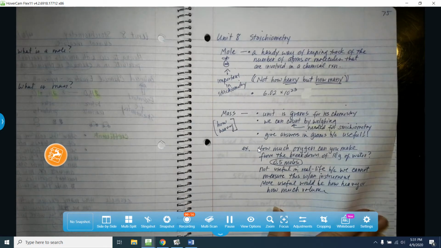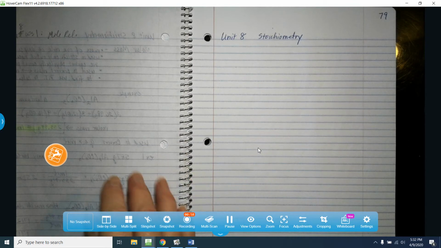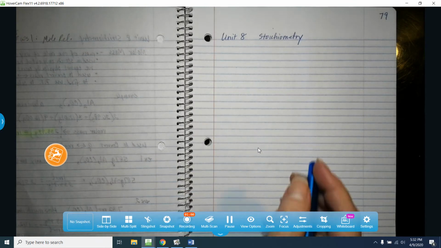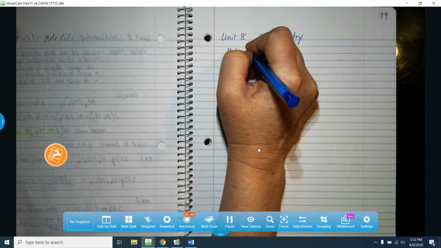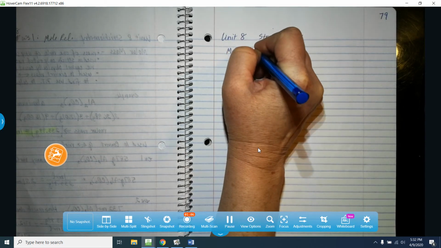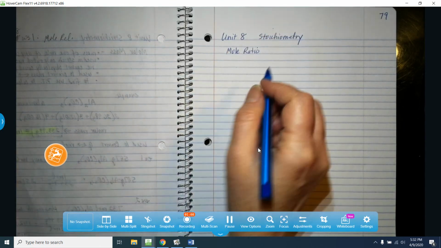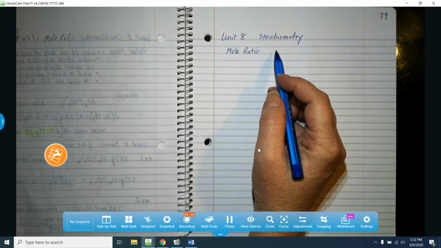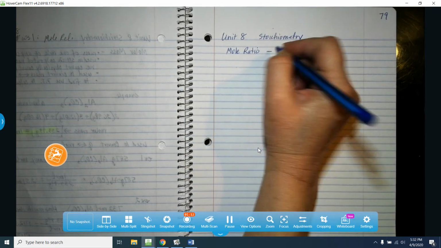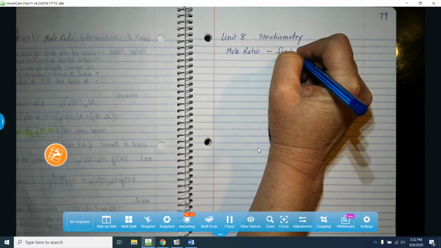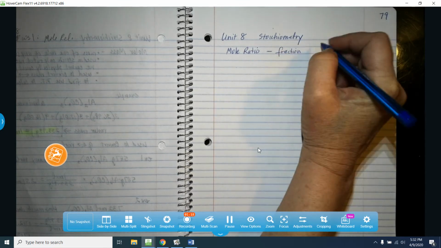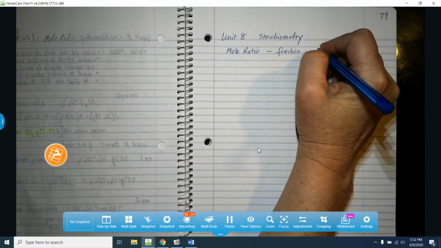Okay, so what we're going to write in our notes is something. We're going to write mole ratio. So the mole ratio is central to stoichiometry. It is a fraction used to convert.